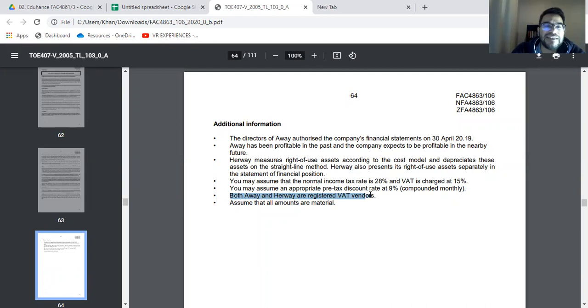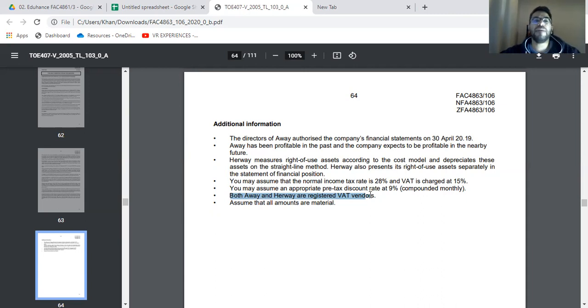Or if the lessee is going to be using the majority of the economic life of the asset, then it's also a finance lease. In this scenario, the airway is only going to last for 10 years, and the full 10 years of the airway is leased to Herway. So Herway, the lessee, has the majority of the economic life, not the useful life, not the lease term, economic life.